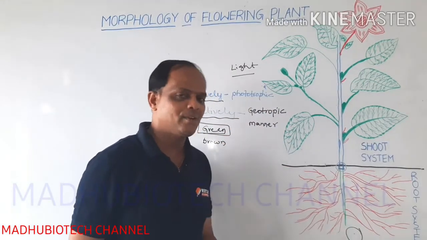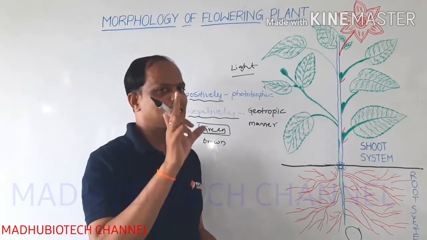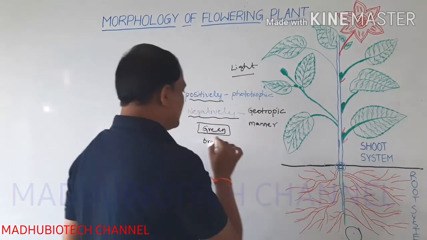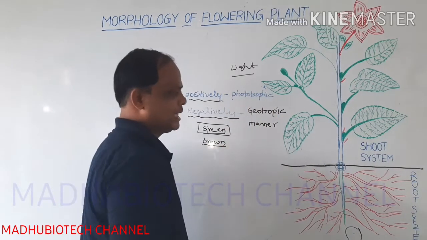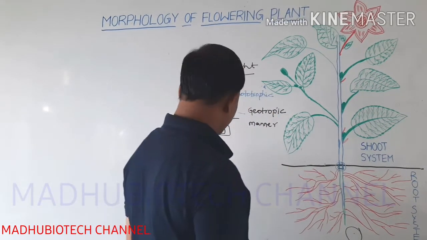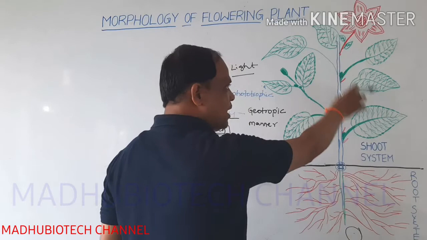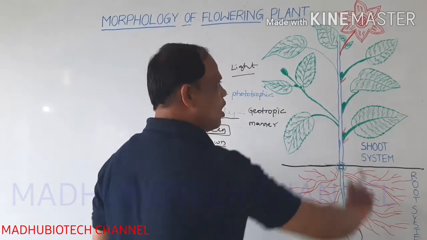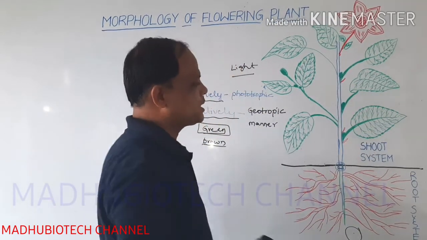When the plant is fully developed, the stem is brown. And this is the one vertical axis. It is all called the shoot system.